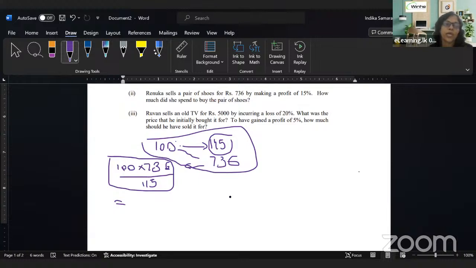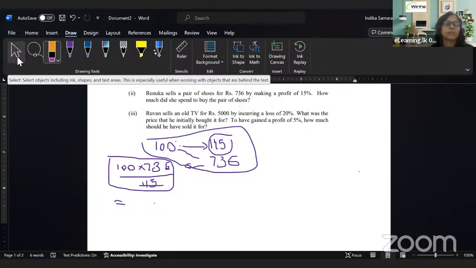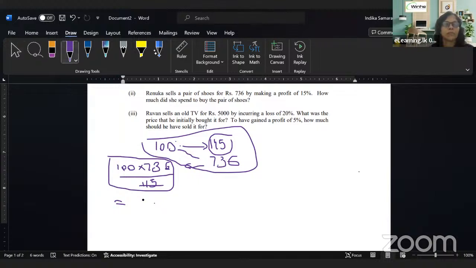That is how we should find the answer. 20 into 736 divided by 23.